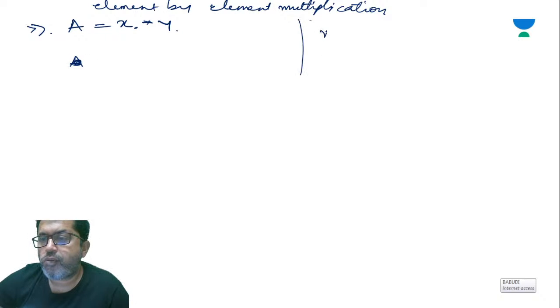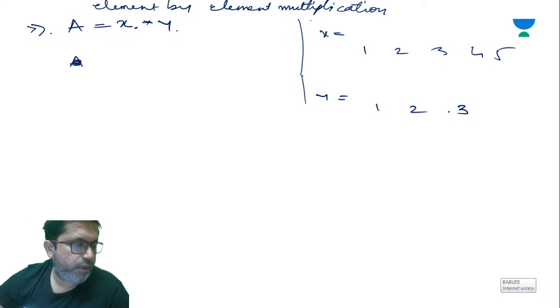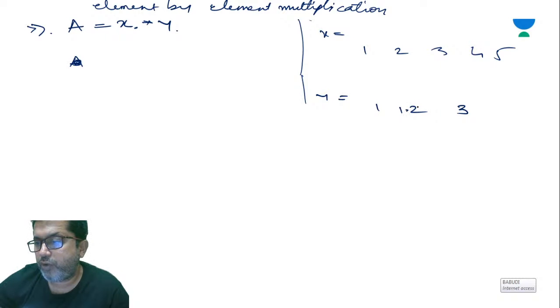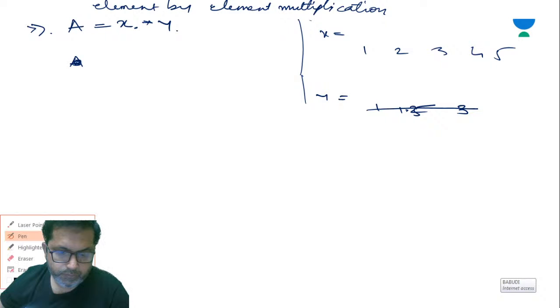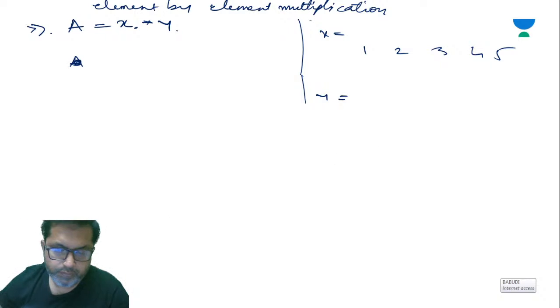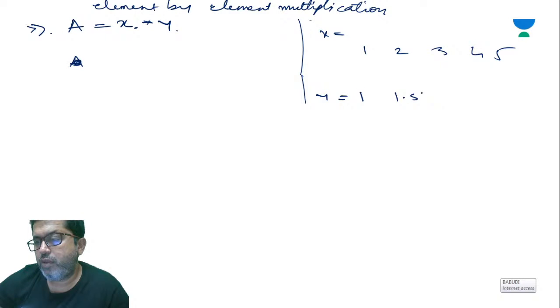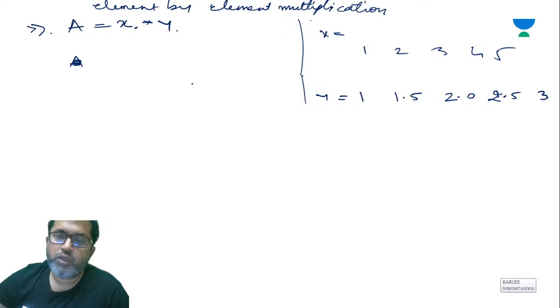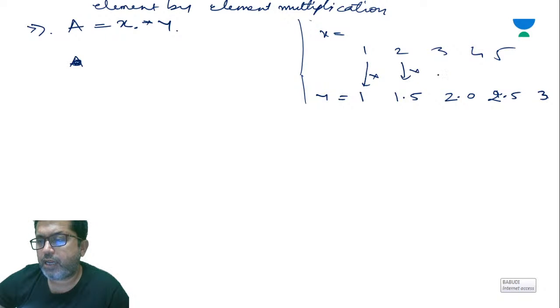What was x? 1 2 3 4. What was y? Sorry, y was 1, 1.5, 2.0, 2.5, 3. So in element by element multiplication, when I do x dot star y, I multiply first element by first element, second by second, third by third, fourth by fourth, fifth by fifth.